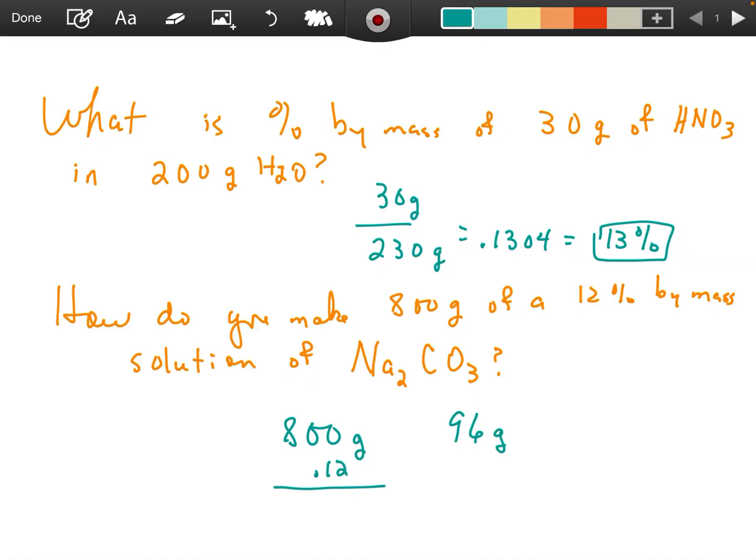So we would need 96 grams of stuff, because 12% of it is the stuff, and then the rest, 704, is going to be water. Okay?